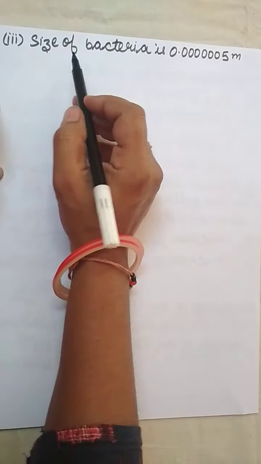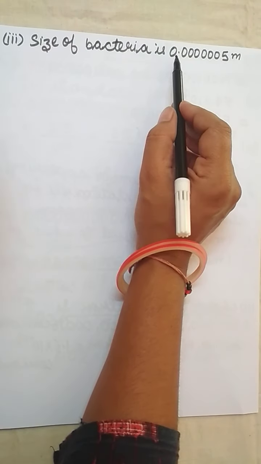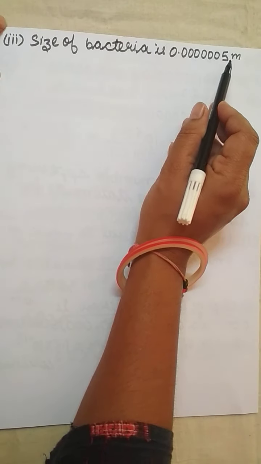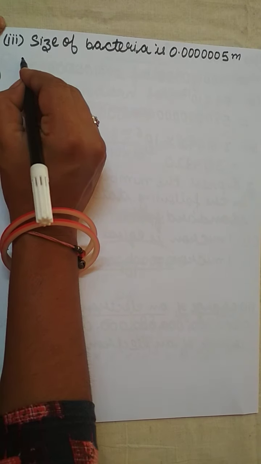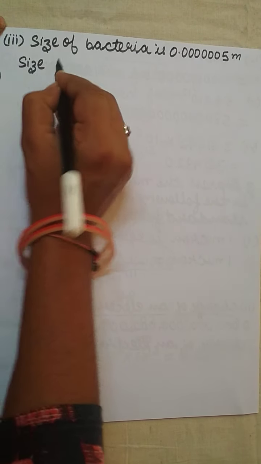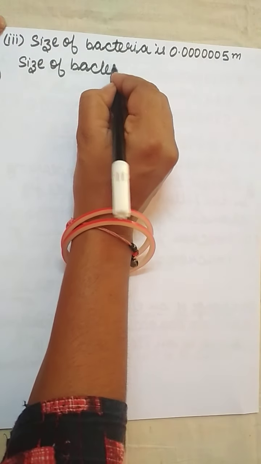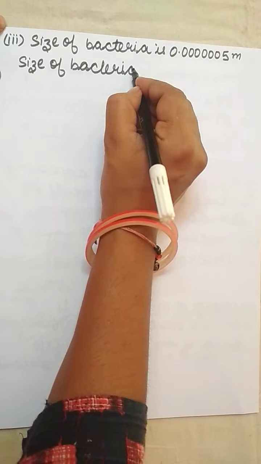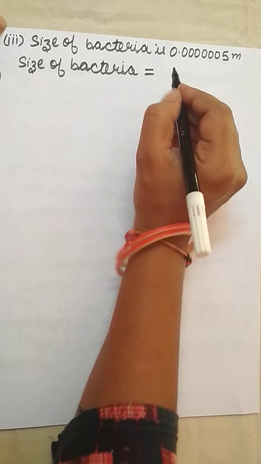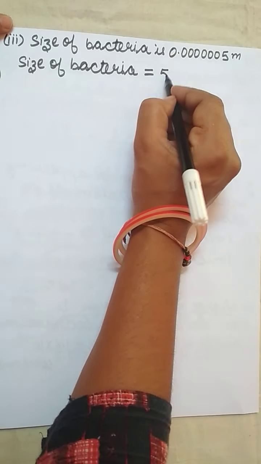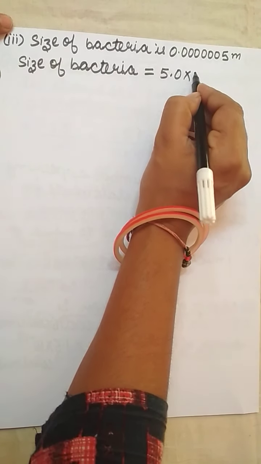Next part is size of bacteria is 0.000000 5 meter. So we can write it as size of bacteria is equal to, as we want to write it in the standard form, so I will write it as 5.0 into 10 raised to power.